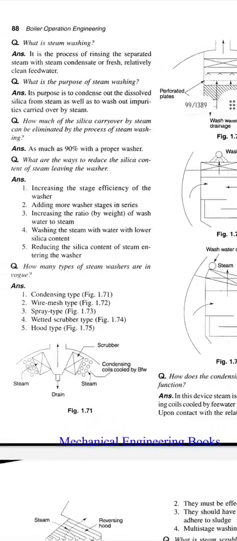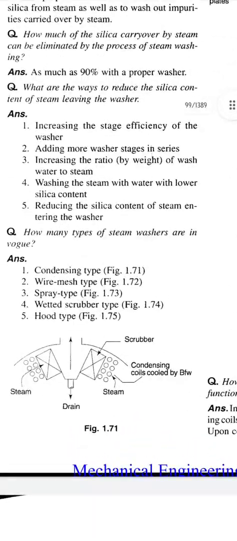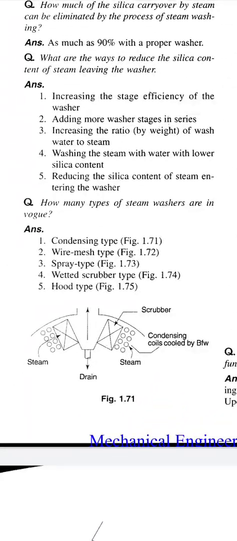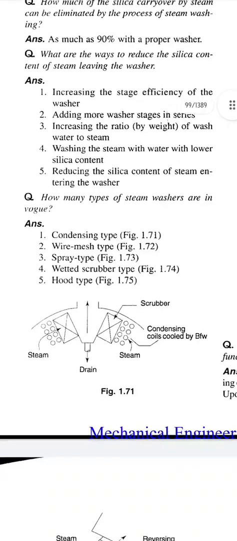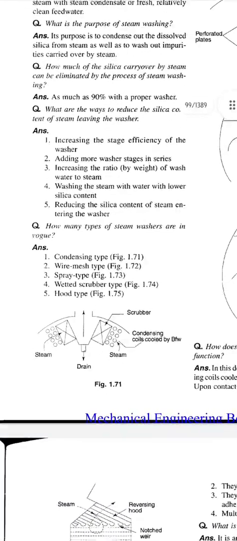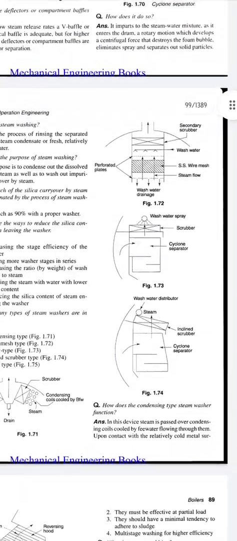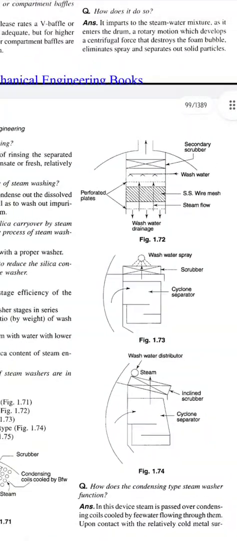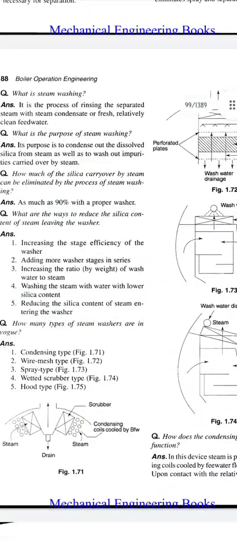And we can see first diagram condensing type. The scrubber is available and steam goes through the condensing coils cooled by boiler feed water. So drain is available in the middle of the washer, steam washer. And next 1.72 is wire mesh type.